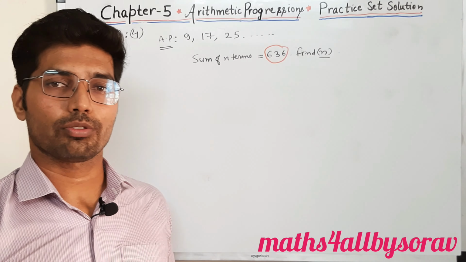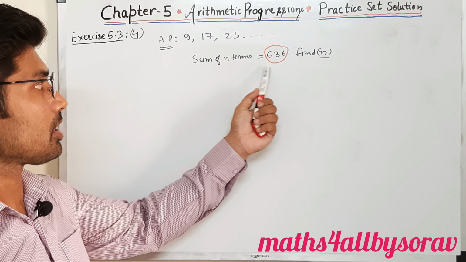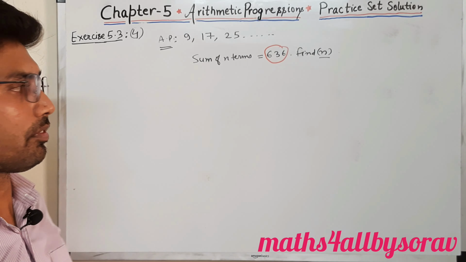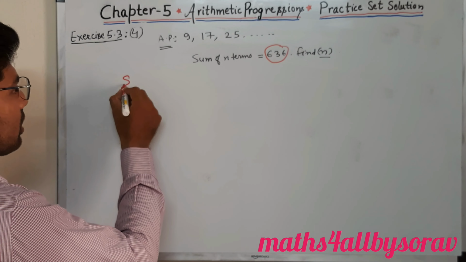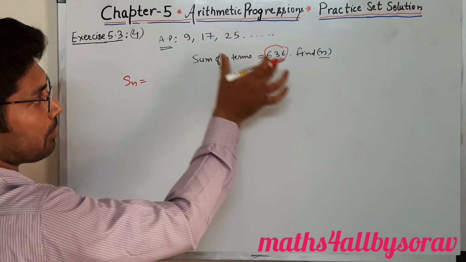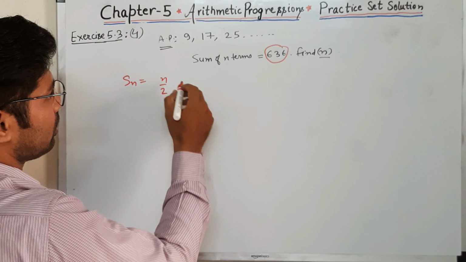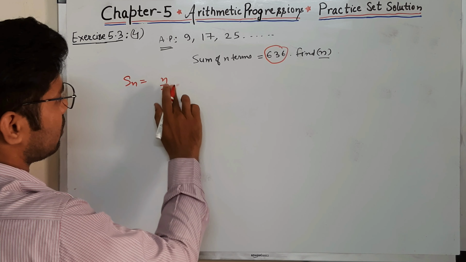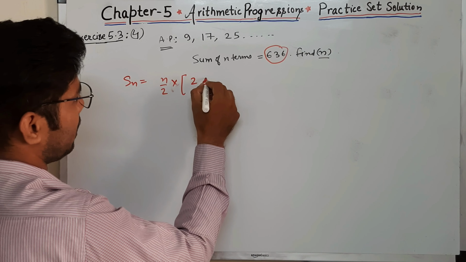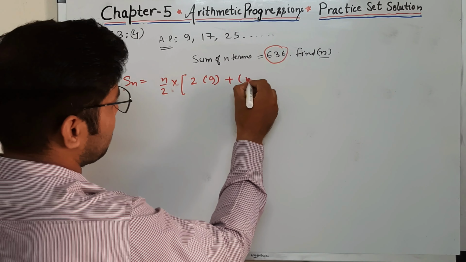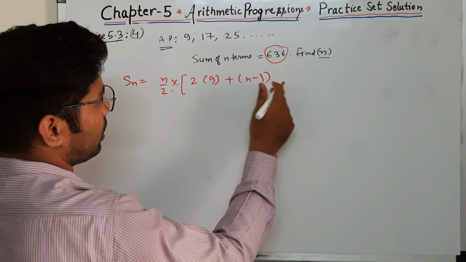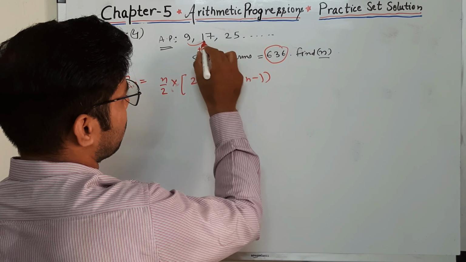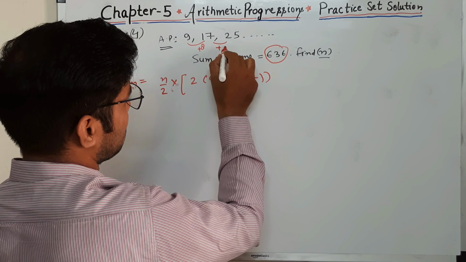Okay guys, now come to our next question. So in this AP, we are given the sum of the n terms. So we need to find how many terms will give this sum. Okay, so we need to find the n value. So let's suppose Sn, the n term sum, is equal to n by 2 into twice of a, which is 9, plus n minus 1 into d, and d you can say is 8, plus 8.